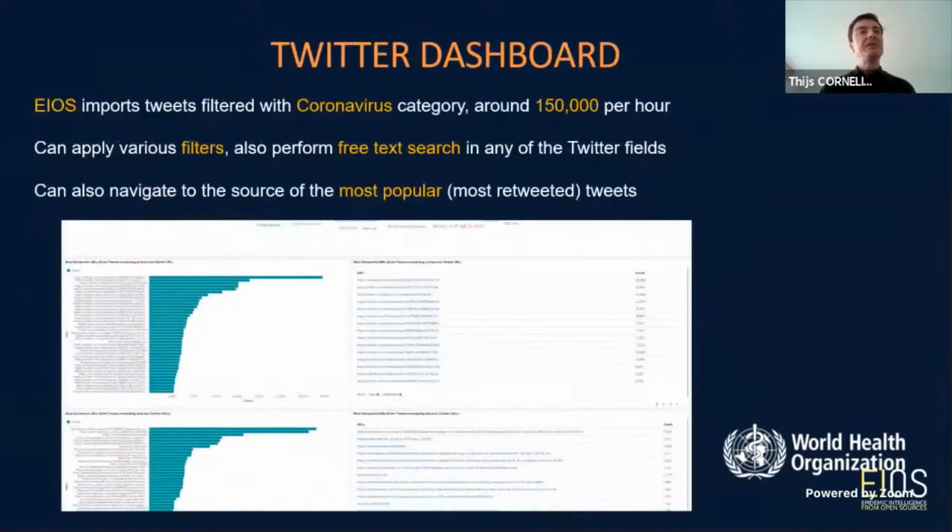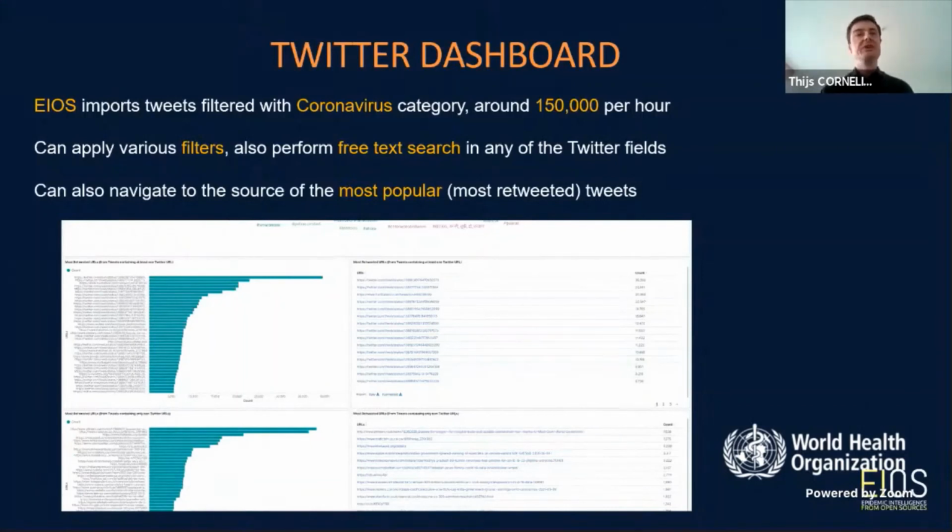Okay, the last new development that I would like to share with you, which we exposed to our users not long ago, earlier this year, is the Twitter dashboard, where for about 1 year we have been importing tweets from Twitter filtered for the coronavirus category, the same definition that we use for the main EOS system. And in this dashboard, the user can then apply various filters and also perform free text search.